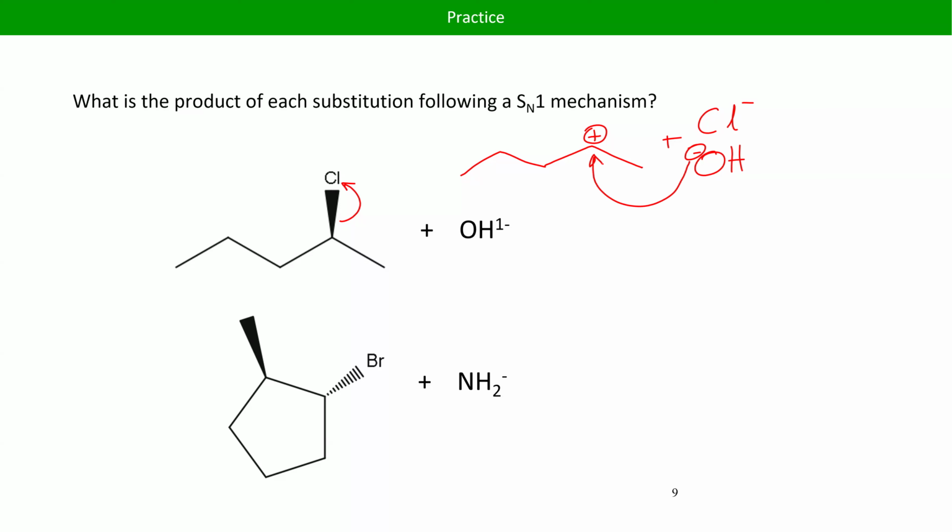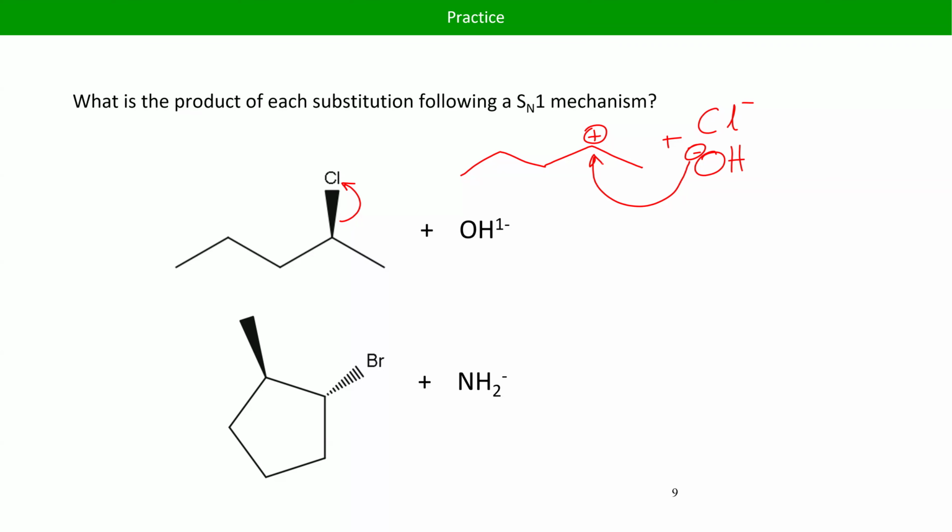Do we need to worry about any rearrangements with this one? Well, it's all the same, it's uniform. They're all secondary carbons, right? So if it rearranges, you're still gonna have a secondary carbocation. Nothing's really gonna change, so in that case, no. But you always wanna think about it with SN1.